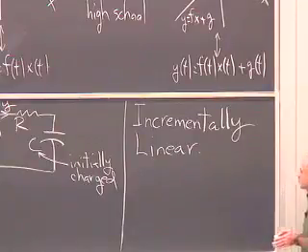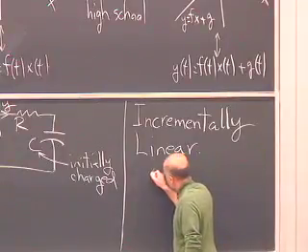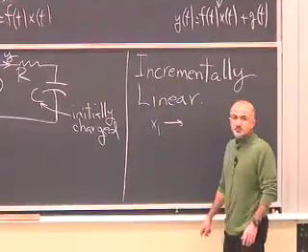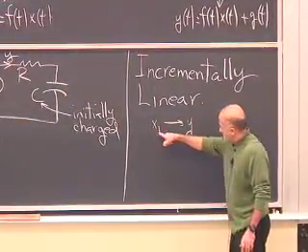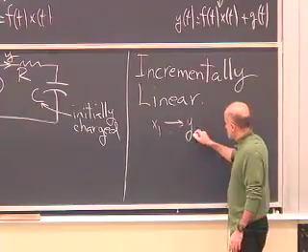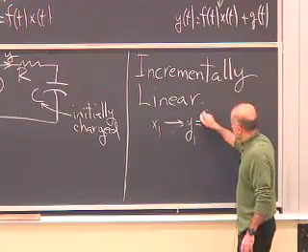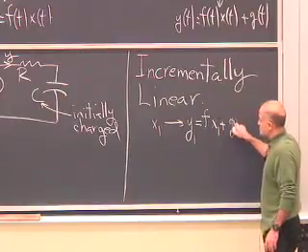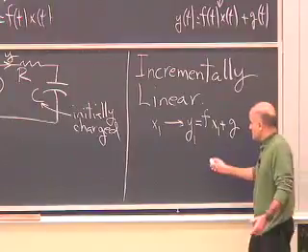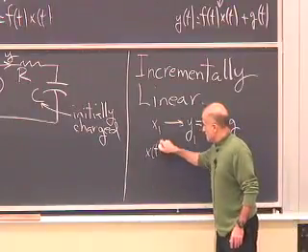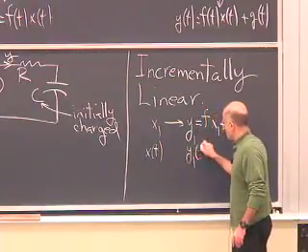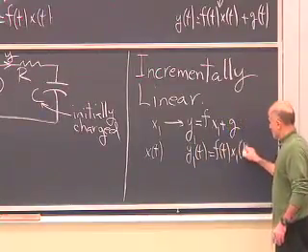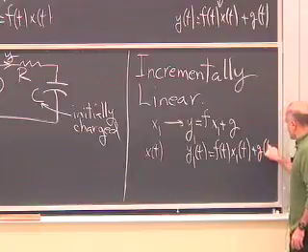Why? Well, if I give this system a first input signal x1, the corresponding response will be F x1 plus G. And if I write it explicitly in terms of time, y1 of t is f of t, x1 of t, plus g of t.